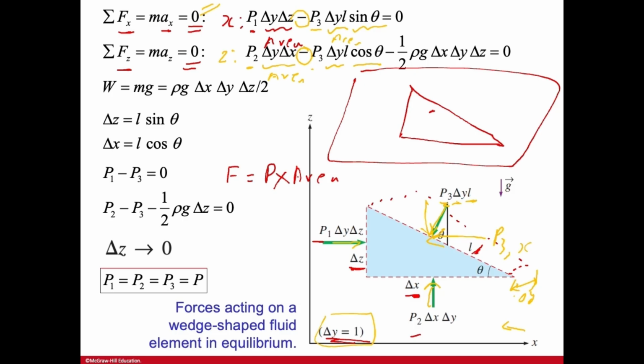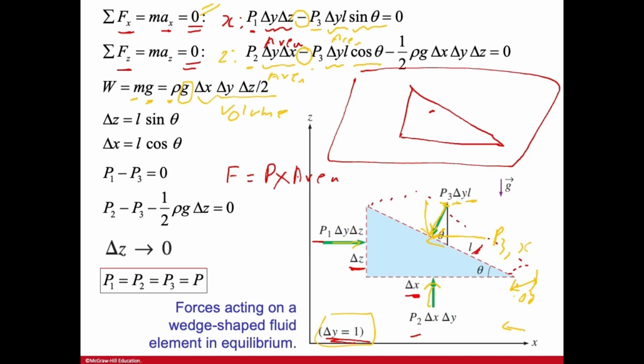But in addition to pressure, since this is a finite volume of fluid, it will have a weight associated with it as well, right? So weight is nothing but mass times gravity, right? Gravity remains constant, and mass is nothing but density times volume. So what is the volume of this wedge?